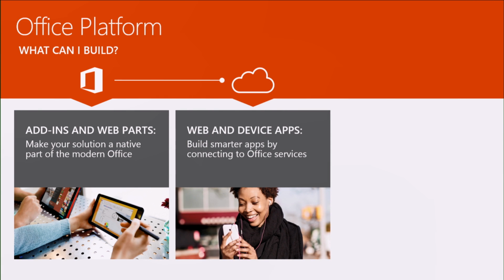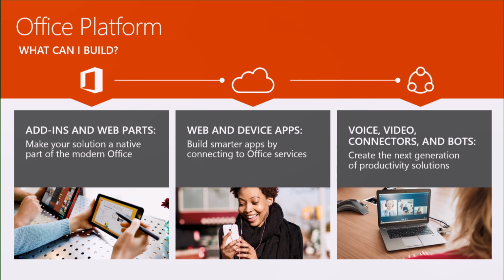The second big pillar is we're investing a lot in enabling web apps and device apps to connect via the Microsoft Graph, which is a set of REST APIs that are exposed by Office 365 Cloud, to create solutions that integrate services and content from the cloud into your custom device app or application.